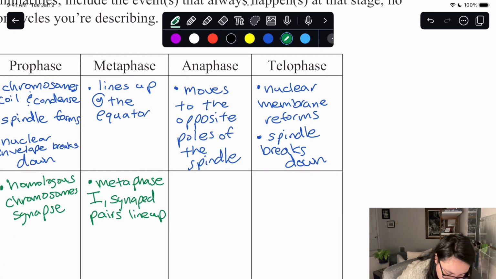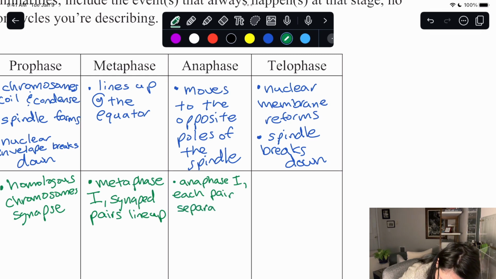And for anaphase 1, each homologous pair separates to opposite sides.